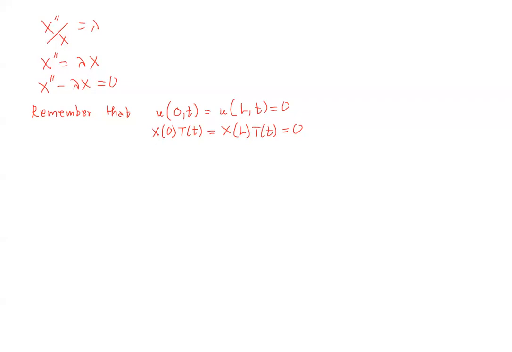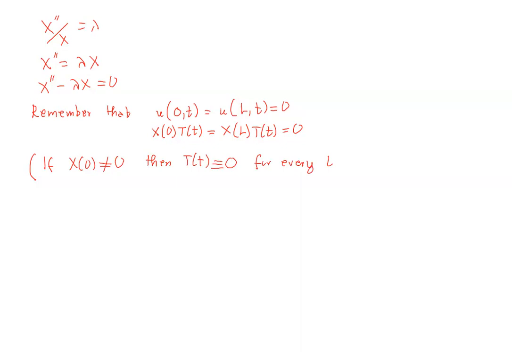Now, ask yourselves, what will happen if x of 0 or x of L were different from 0? If x of 0 was different from 0, then T of t would have to be equal to 0 for every t.